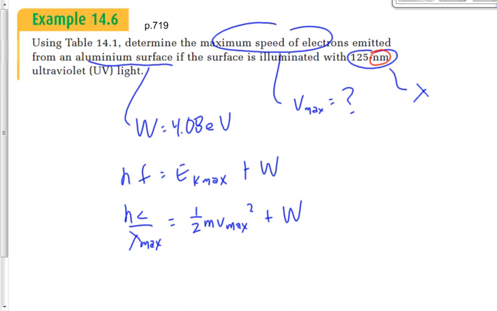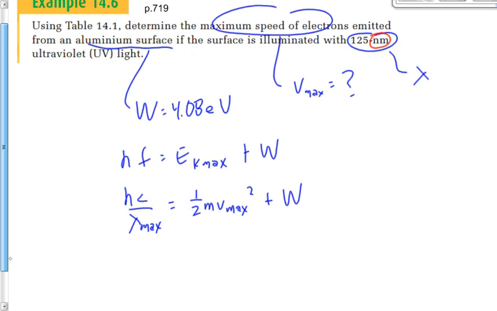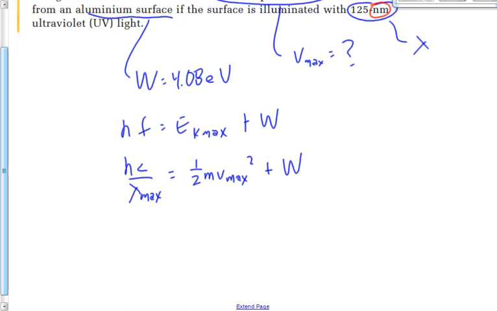So we sub our numbers in, right? What value of Planck's constant do you want to use here? 6.63 or 4.14? Joule seconds or electron volt seconds? 4.14 because you got work function in electron volts already, right? That seems to be convenient, right? Except that what?